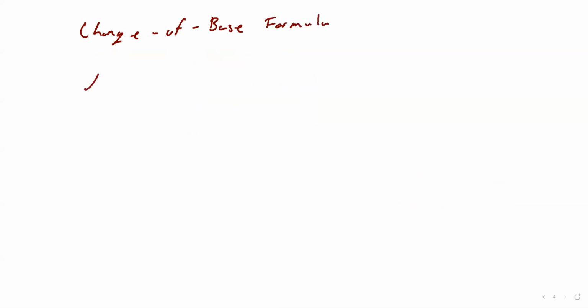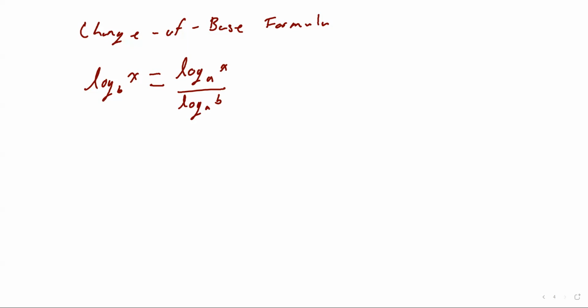It is, if you have something like log base b of x, and that b is not 10, so I can't just plug it into my calculator, I can actually rewrite this as log base a of x over log base a of b. Now you might be asking, well, now I have another base of a, which might not be 10, but that's not entirely true.